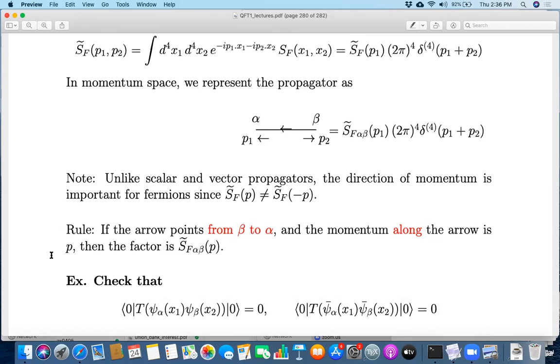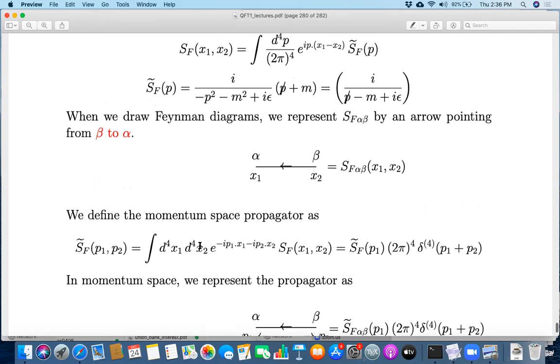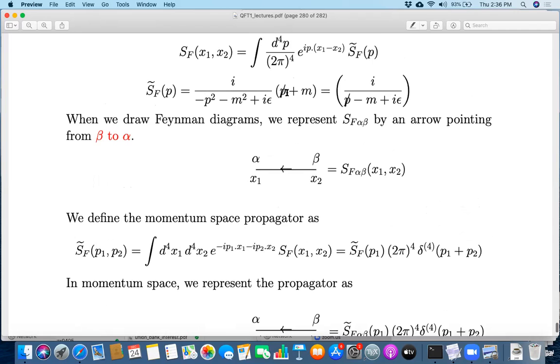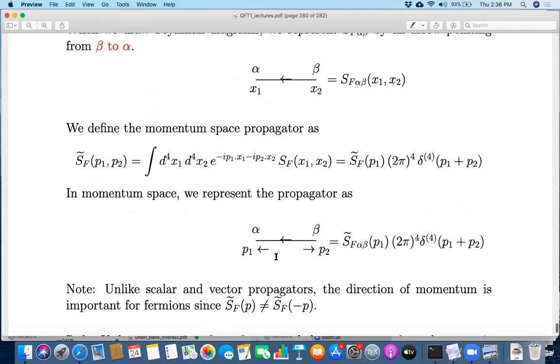This is the momentum that enters the argument of SF tilde. So here, for example, it will be P1 slash plus M. If somebody gives you a propagator like this, you have to know whether it's P1 slash plus M in the numerator or P2 slash plus M. And the rule you are finding here is that it's P1 slash plus M, the momentum along the arrow.